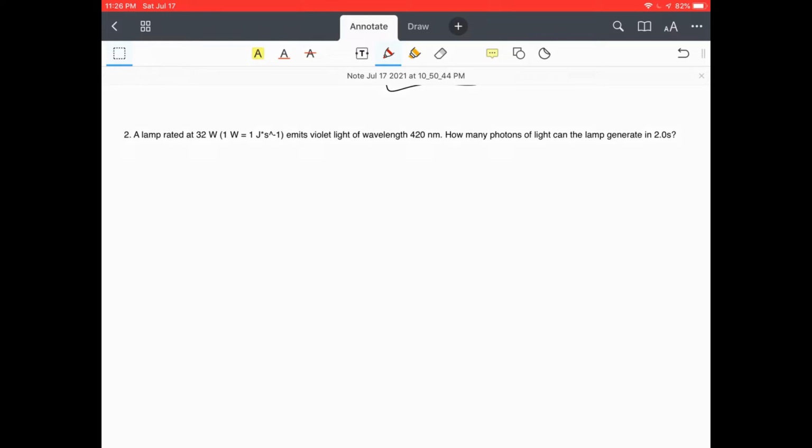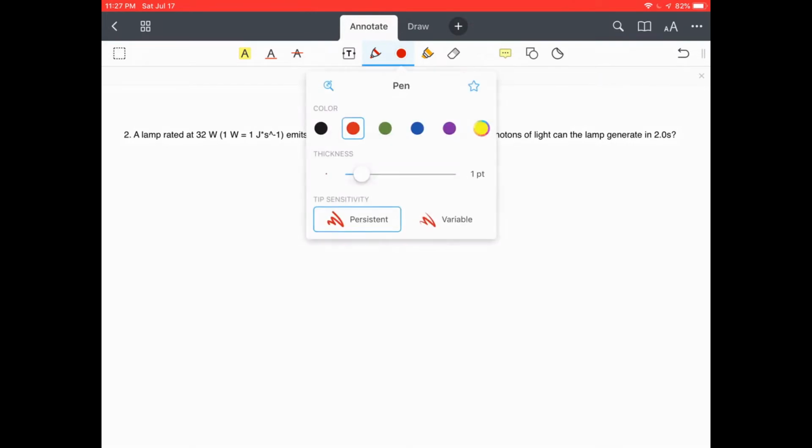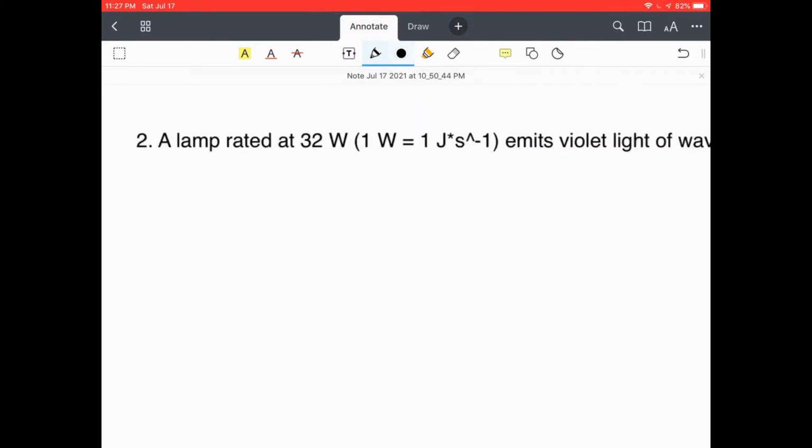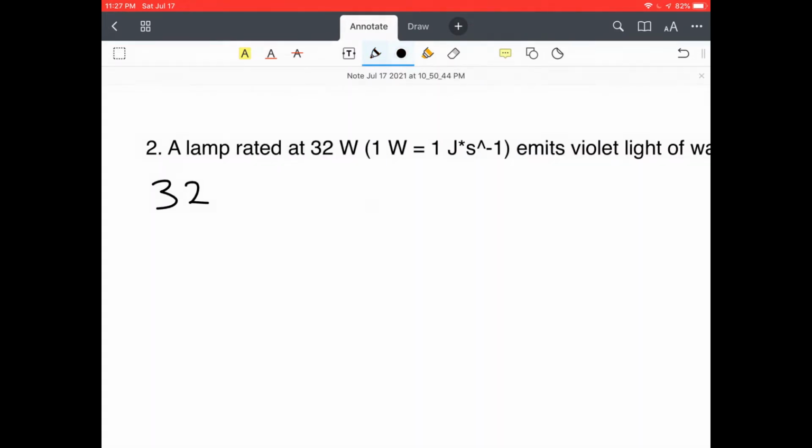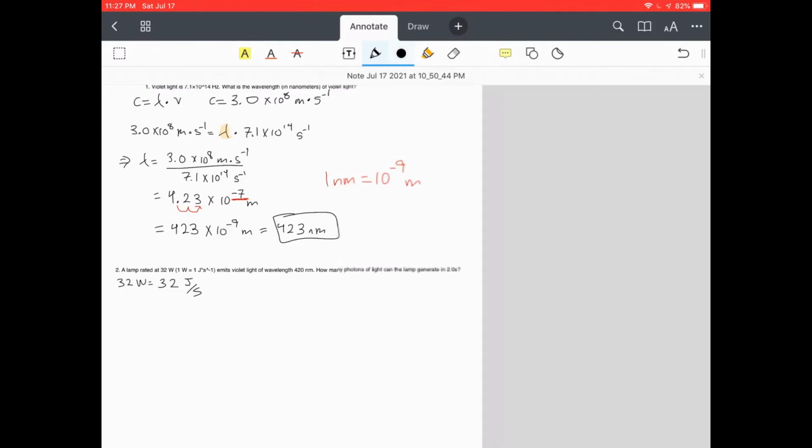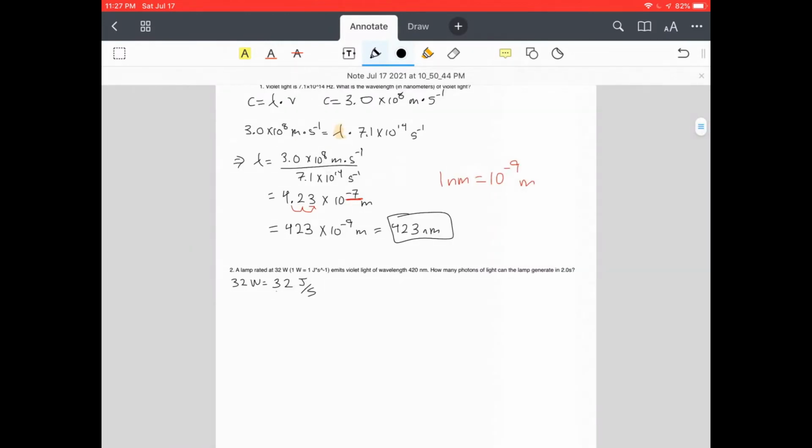Okay, so first we need to figure out how much total energy the lamp is putting out over the course of the 2 seconds. So here we know that the lamp is 32 watts, so that's what I'm going to write down. So 32 watts, which is also equal to 32 joules per second. And then we know that the lamp is turned on for 2 seconds.